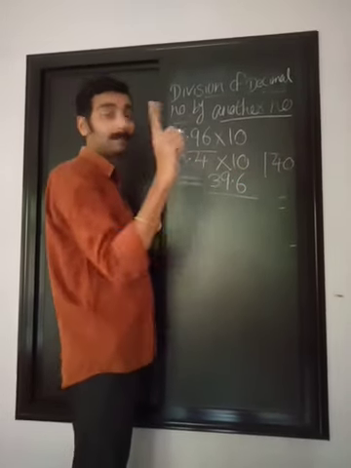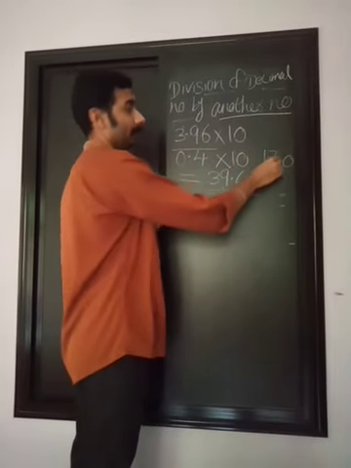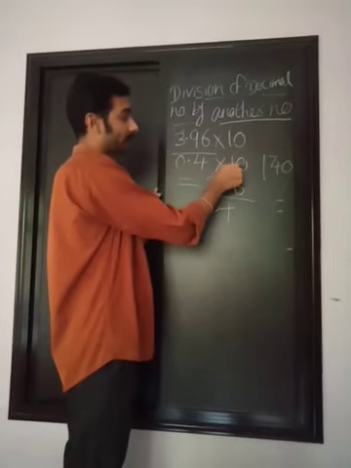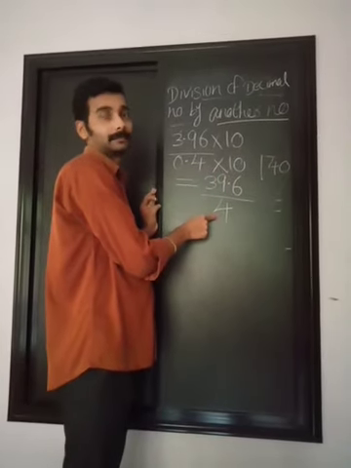Only one place of decimal, that is 4.0. The 0.4 into 10 means 4.